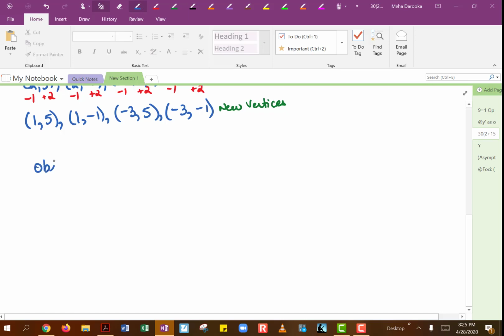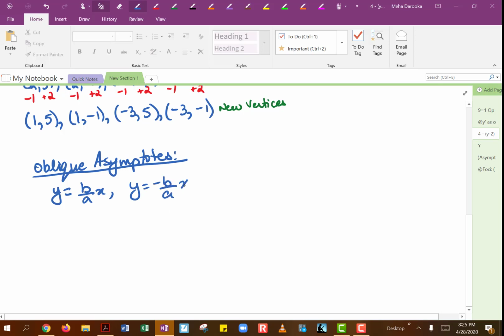Okay, so again, since this is a hyperbola that opens left and right, typically our equations have been y equals b over a x and y equals negative b over a x.